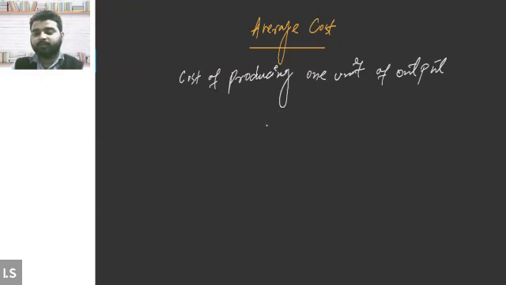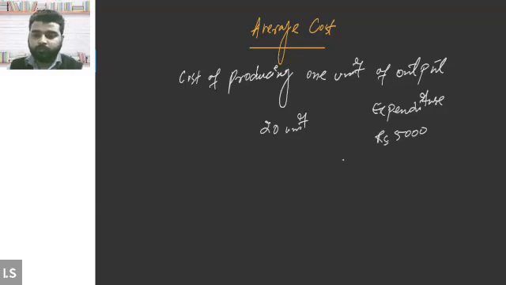Let's suppose we are a producer producing 20 units of output, and for producing 20 units we have incurred a total expenditure of, let's suppose, 5,000.